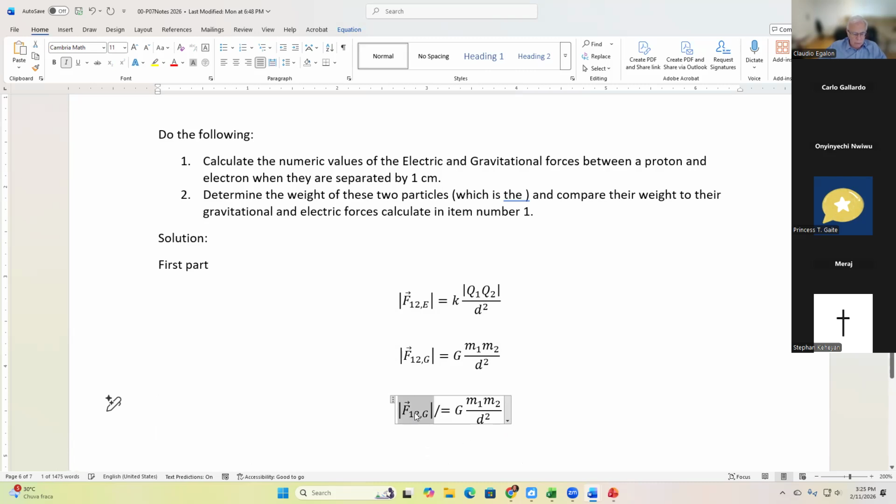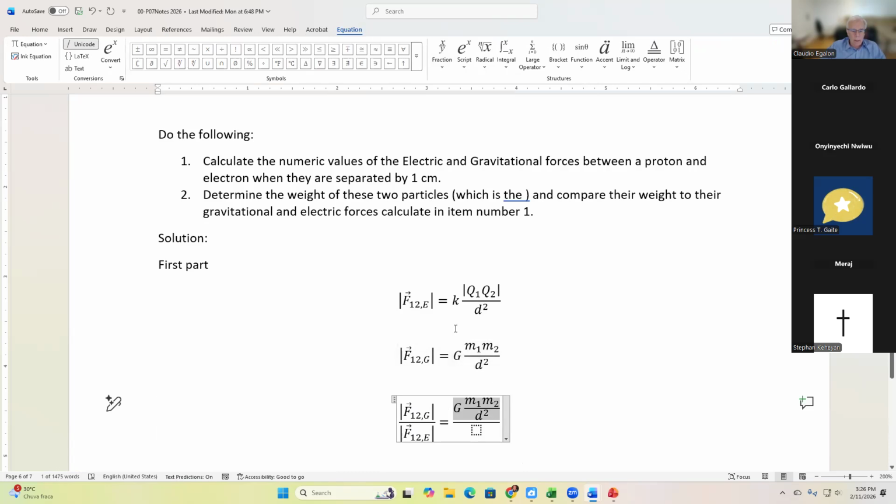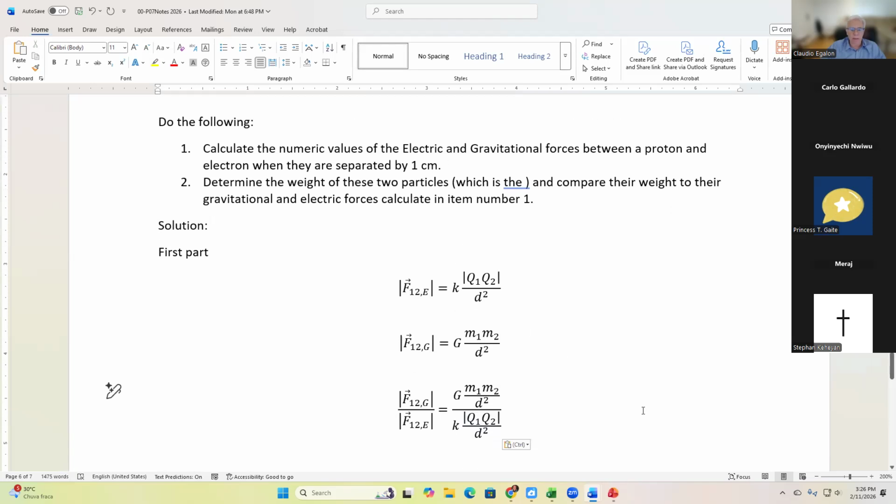But I already told you that the gravitational force at the microscopic level is much smaller than the electric force. Here you go. Gravitational force. I'm going to take the ratio, and then we can also do the two charges separated by 1 centimeter, so you have an idea of the magnitude in terms of newtons.